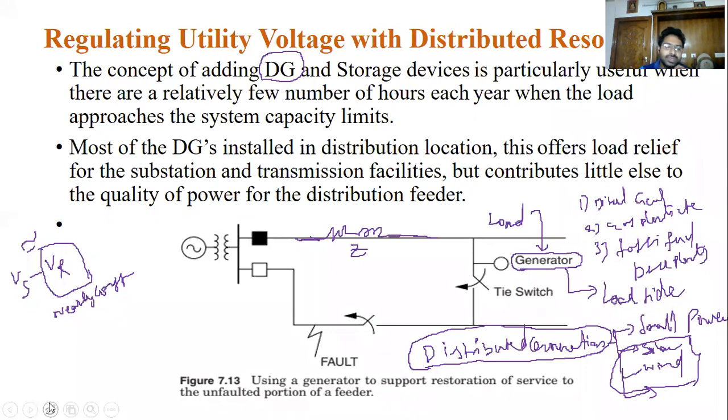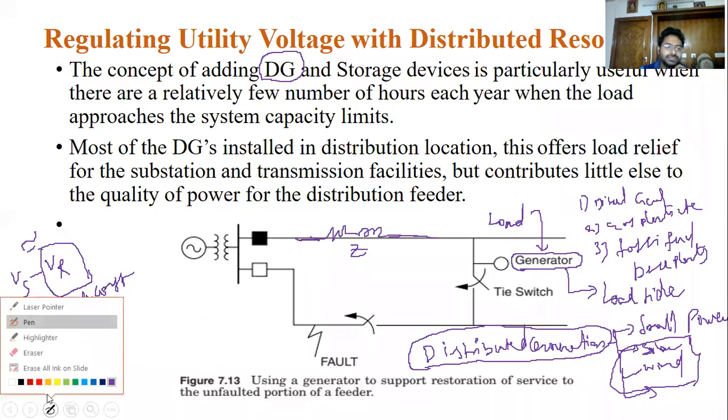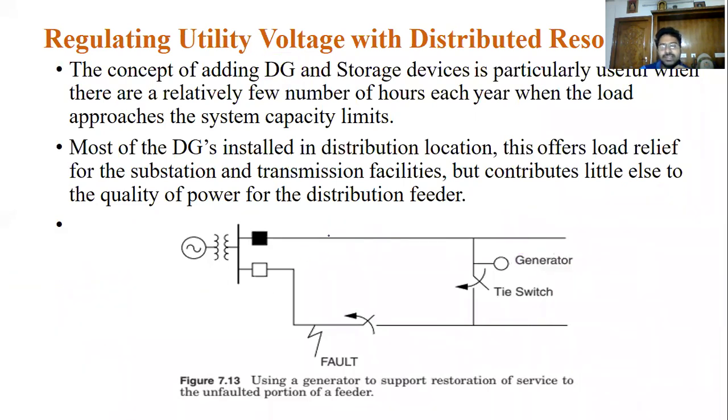Now in this case, we consider a generator at the load side, or the distribution feeder side, to improve the voltage regulation. Now see this second point. Most of the DGs are installed in distribution locations, near the load locations.